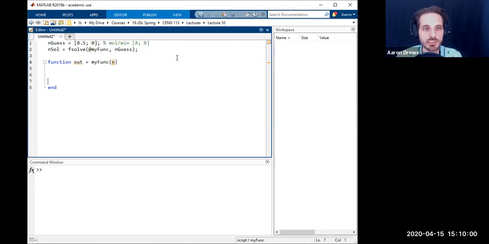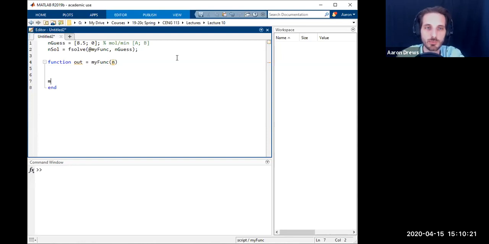The way that I usually suggest that you do it is start working backwards. And so we know where we have to get eventually is that the material balances have to be set equal to 0, right? When n is guessed, where n is n sub A and n sub B combined into a vector, when those are guessed correctly, then the material balances must be true.